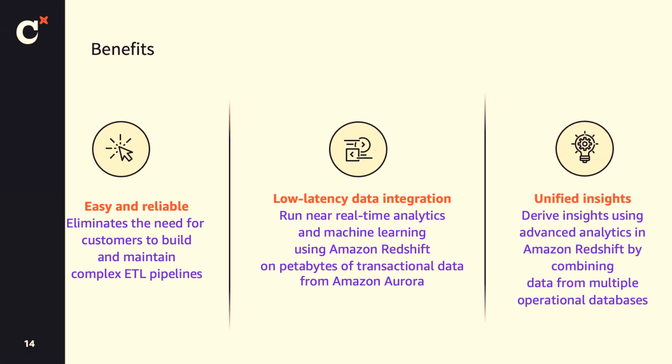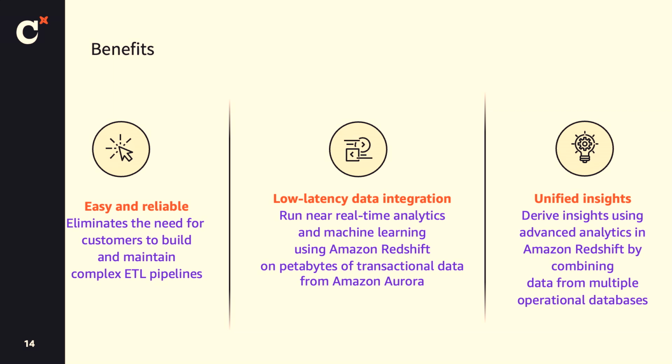From a benefits point of view, first of all, it's easy because you are not managing this whole pipeline to bring the data from operational databases to analytics. It's low latency, so we are talking about seconds. Within seconds of data being written to Aurora, it shows up in Redshift for analytics. And it's also unified insights.